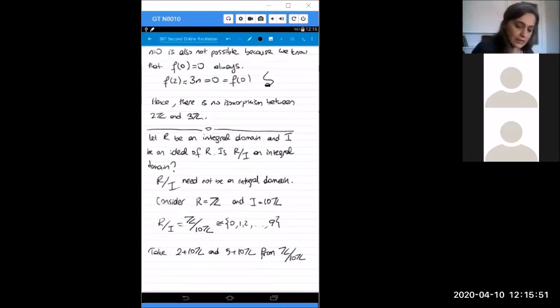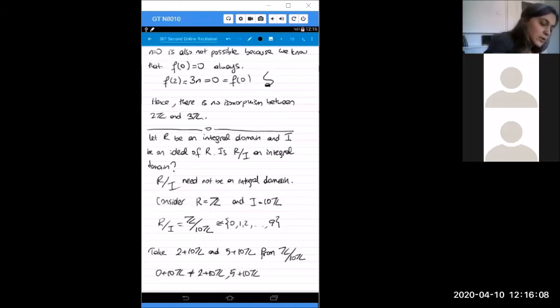You can use whichever notation you like. Then 0 plus 10z is different from 2 plus 10z and 5 plus 10z.